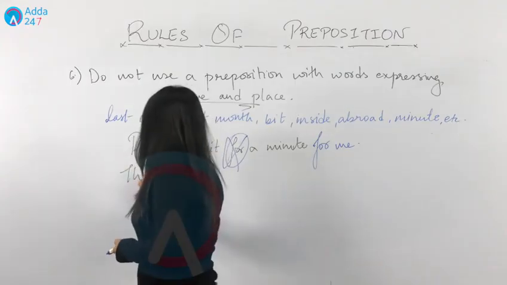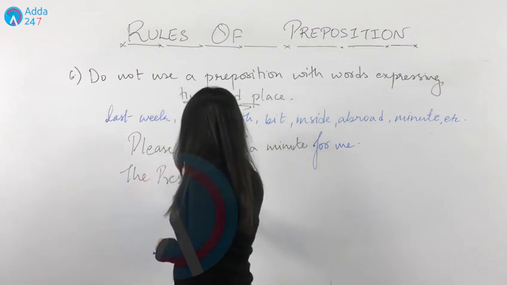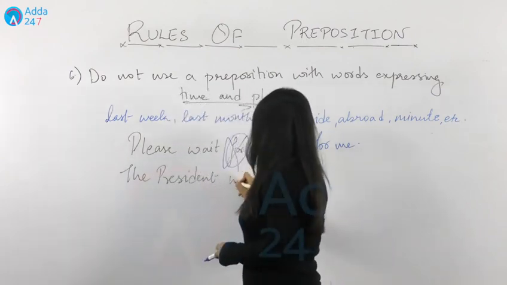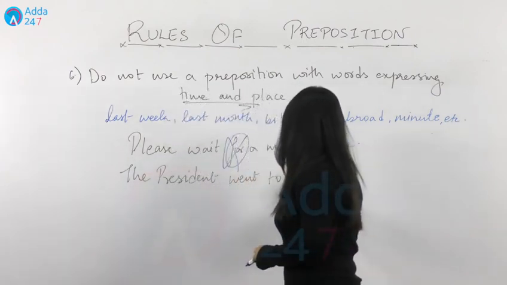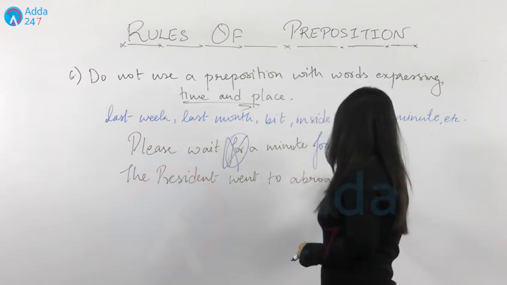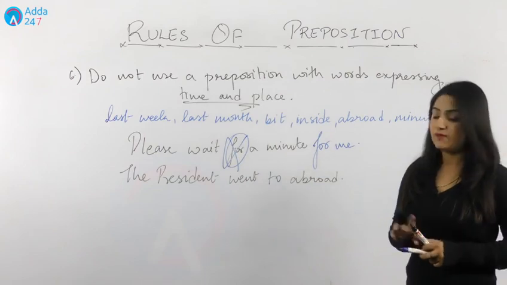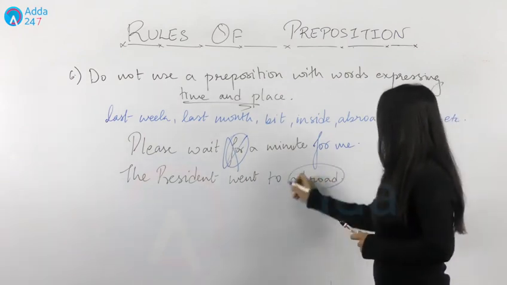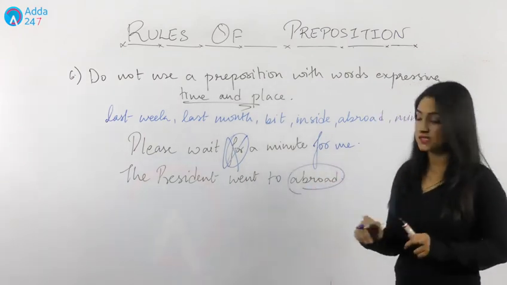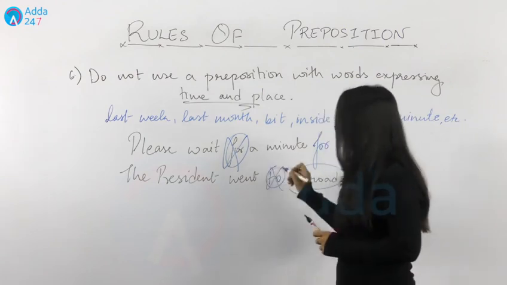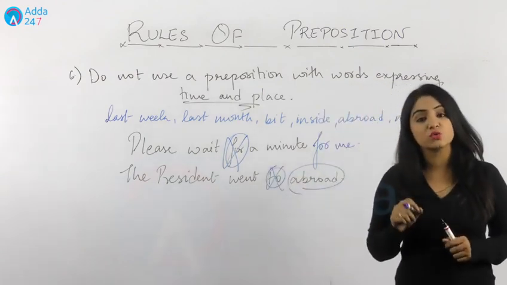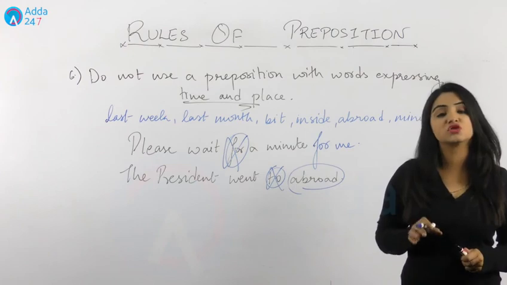Similarly, if I say the president went to abroad. Now, can you tell me what does abroad mean? Abroad means any foreign country, isn't it? And when you are talking about any foreign country and not sure about the particular place, then you cannot write to, because I've already told you to can only be used when you have a perfect place to mention.